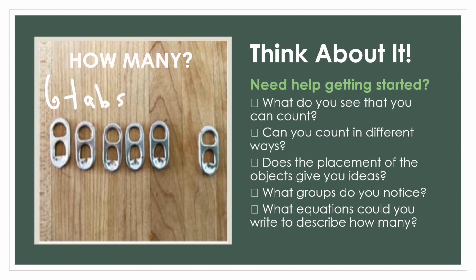Did you notice that there's 6 pull tabs in all with 1 to the side? Did it make you think about 6 minus 1? Or did you notice there was a group of 5 and then one more and you thought about 5 plus 1? Maybe you noticed 2 holes in each of the tabs and started to count those.